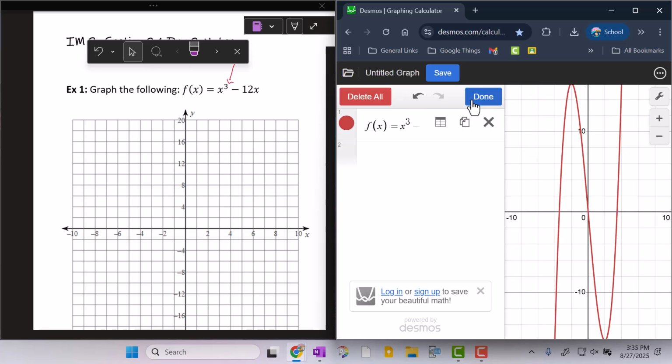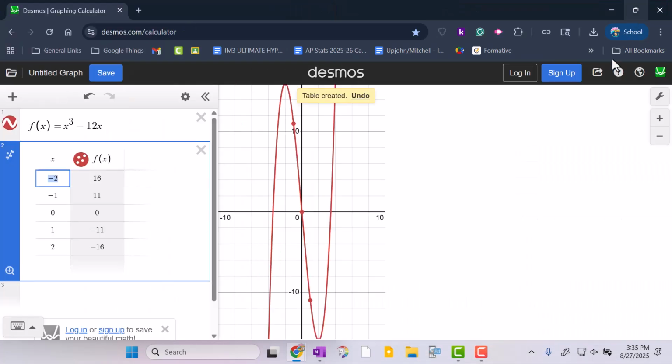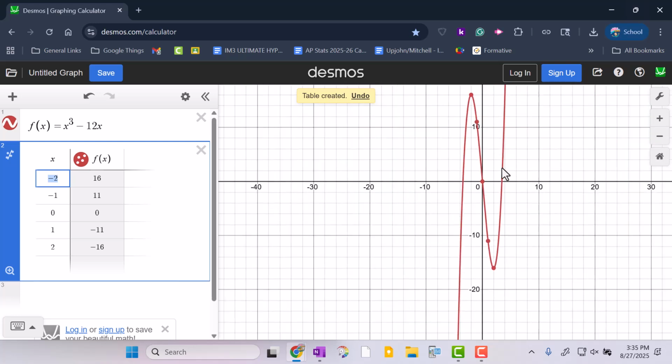Of course, we do the gear and the table. And now, zoom out a little bit. We probably want these points. The turning points, the center point, and then these other extra points just to make it look good.